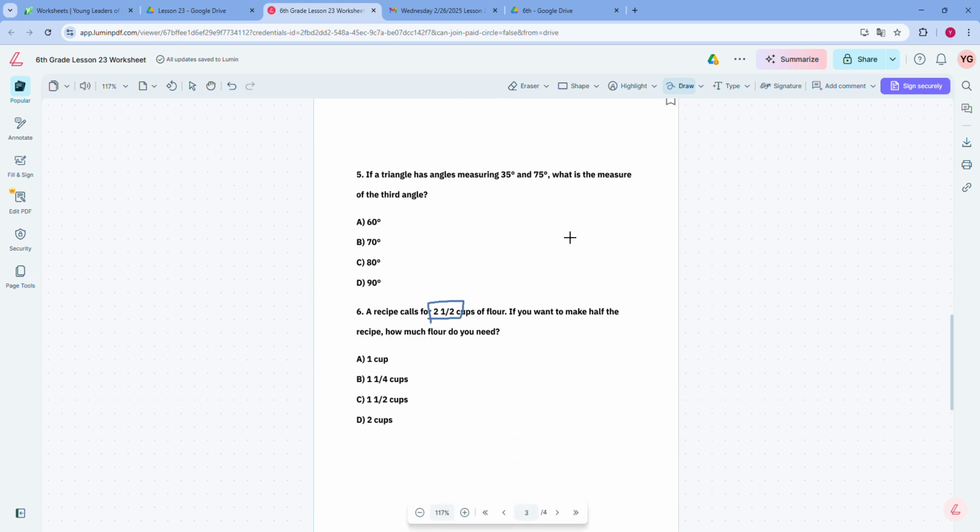If a triangle has angles measuring 35 and 75, what is the measure of the third angle? So imagine you have your little triangle. This can be 35 degrees. Make sure to put degrees. This can be 75. The total angle measure of a triangle is always going to be 180.